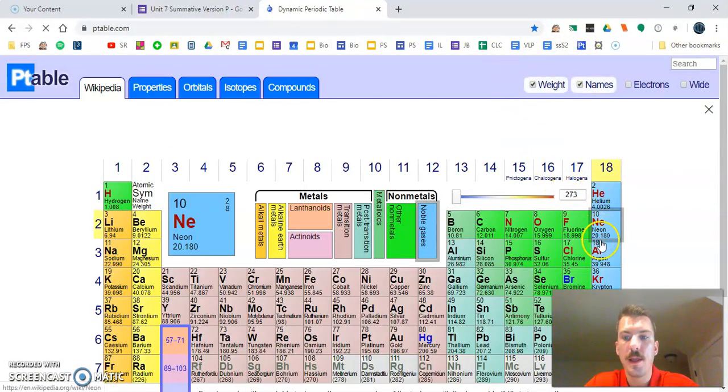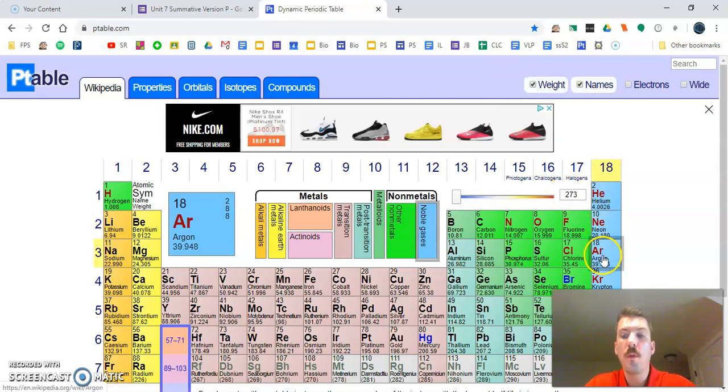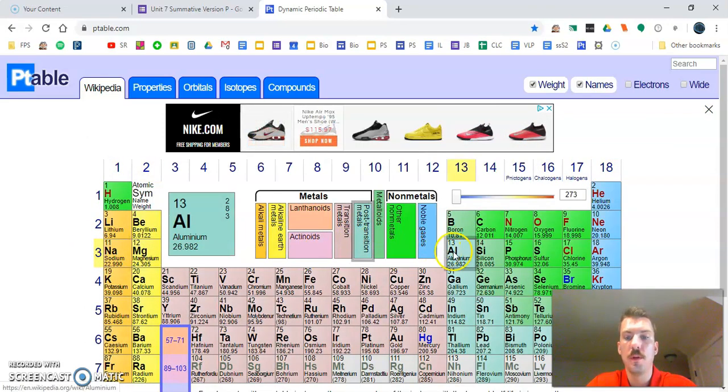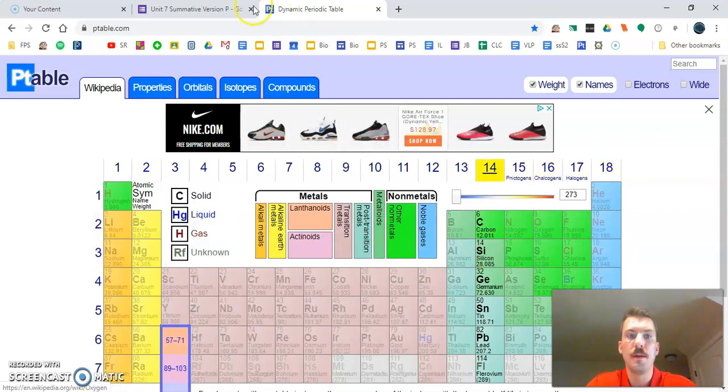Here's argon right here, all the way at the end. This is a full shell of valence electrons. Argon is a noble gas. It has 8 valence electrons. 1, 2, 3, 4, 5, 6, 7, 8.